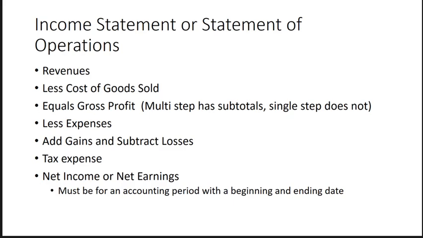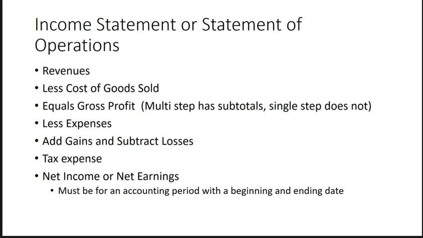Then we subtract the cost of goods sold, the cost of what we are selling. If it is services that doesn't have stuff, then that may say cost of services, which would be the people you're paying to provide the services. But you subtract that direct cost, and get gross profit.